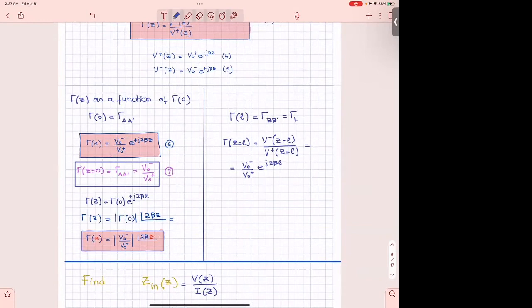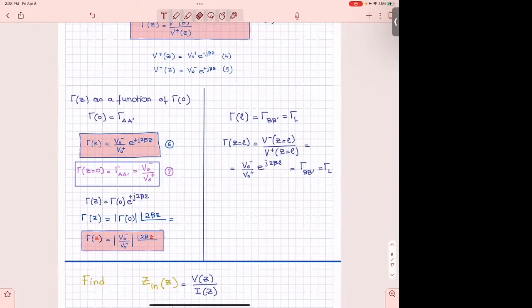But then I have that gamma sub z, and this is also, I can call it gamma B prime or gamma L. Okay, so gamma sub z now, I would like to write it in terms of gamma B prime or gamma L. So from the above, I will do the following.